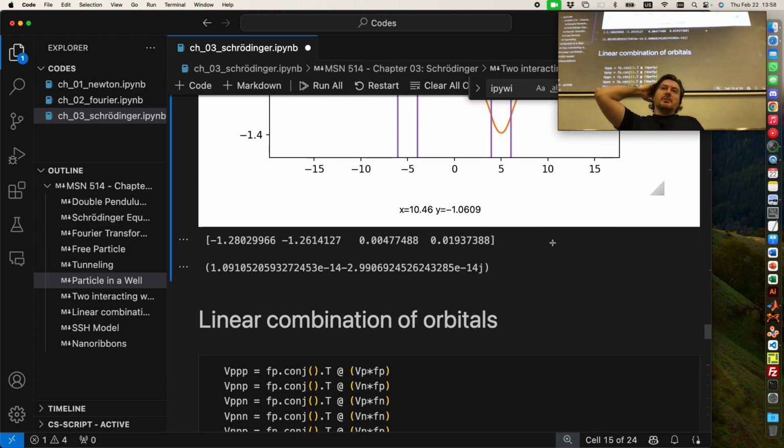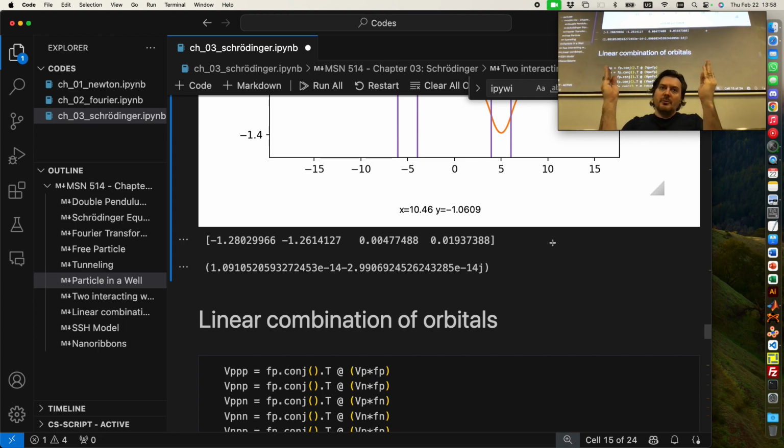Since we see that it's sort of adding and subtracting those two things, the question arises, can we understand this double well potential by actually taking the linear combination of orbitals? What do we mean by that? When I have a single well, I have orbitals, right? 1s, 2s, and so on.